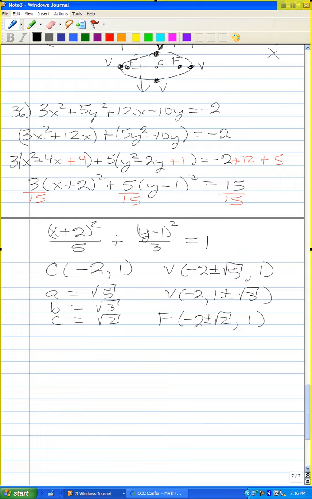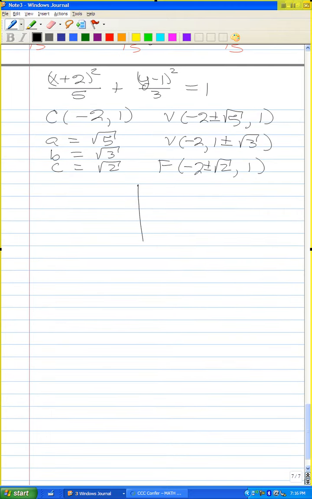The center is at negative 2, positive 1. I go radical 5 in the x direction. Okay. I go radical 3 in the y direction. About here, and radical 3 about here.